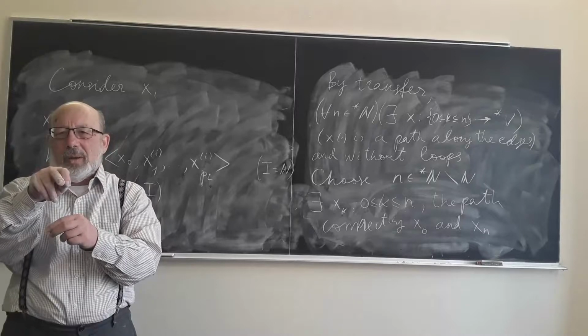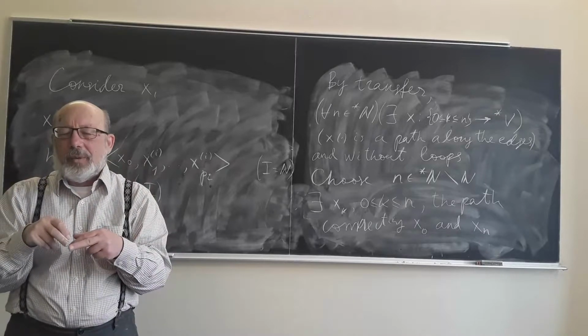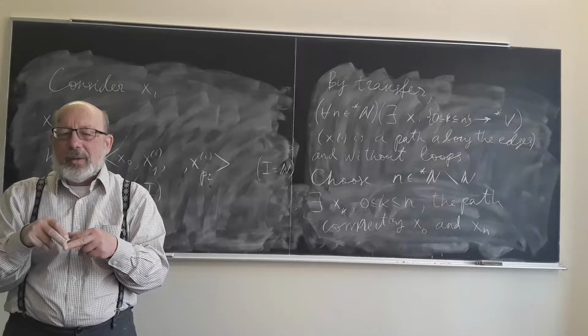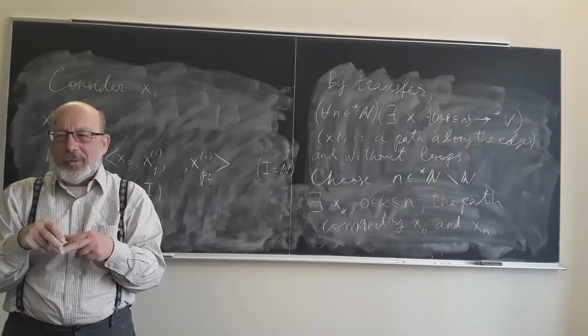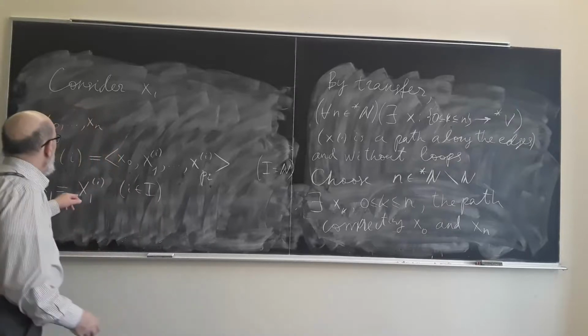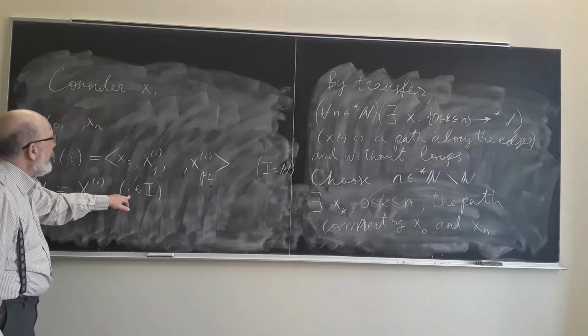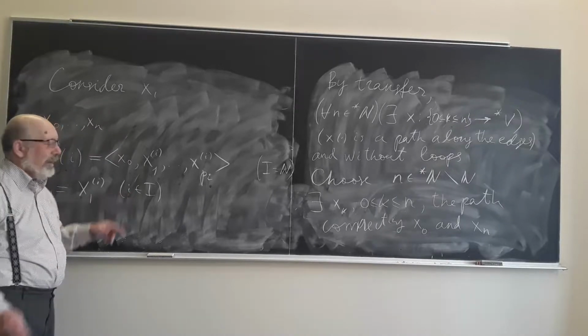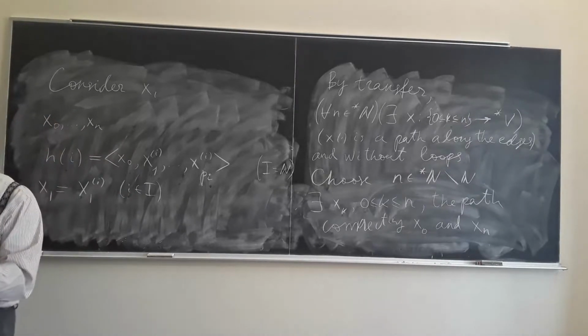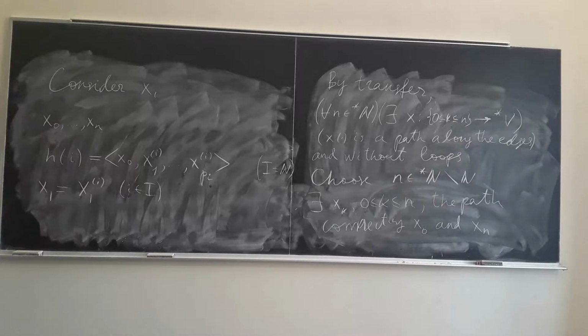So we have only a finite number of neighbors of x0. Yeah? So the index set I can be partitioned into a finite number of subsets, where x1 i is the first neighbor, the second neighbor, and so on.